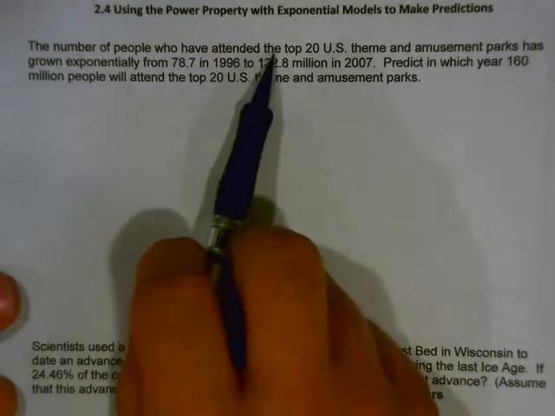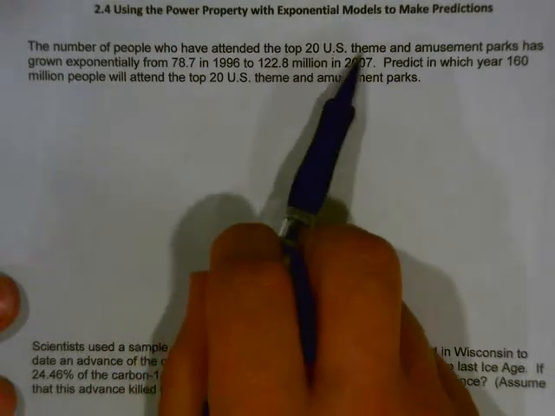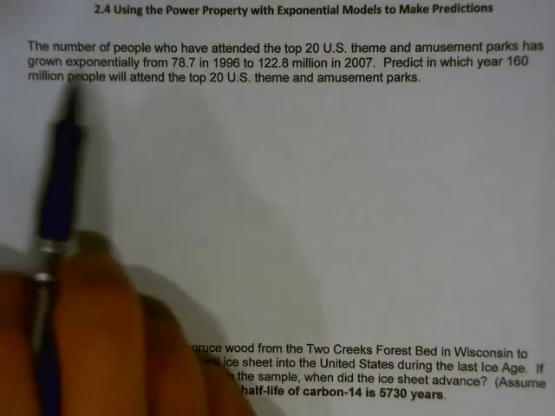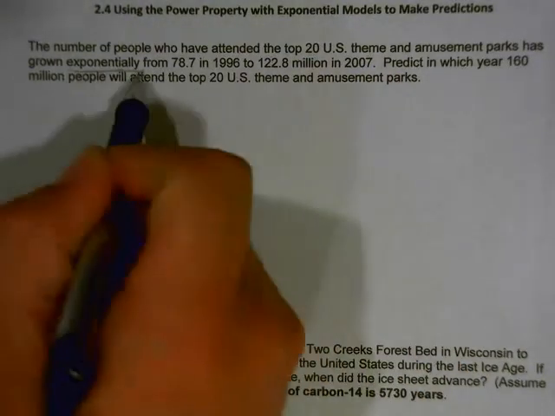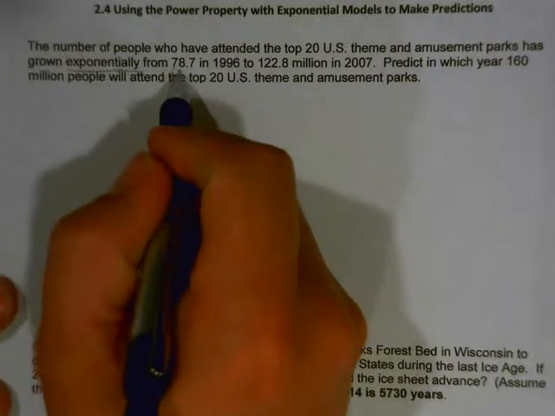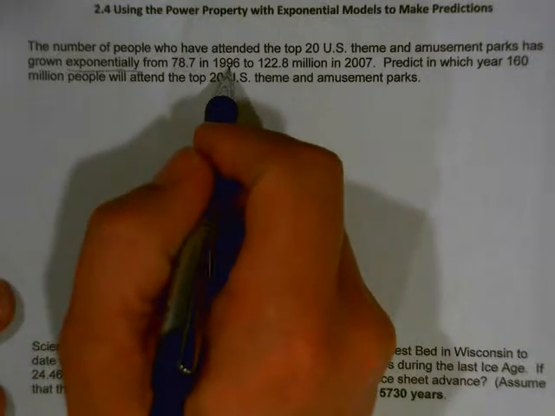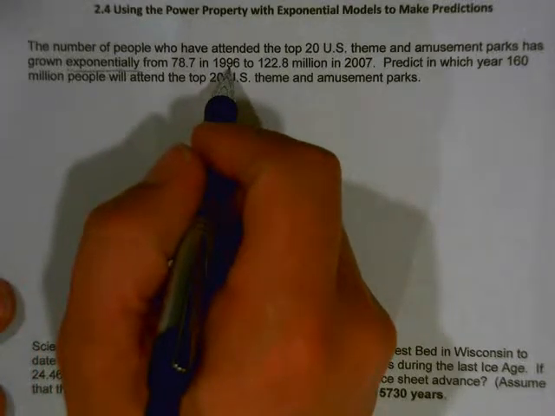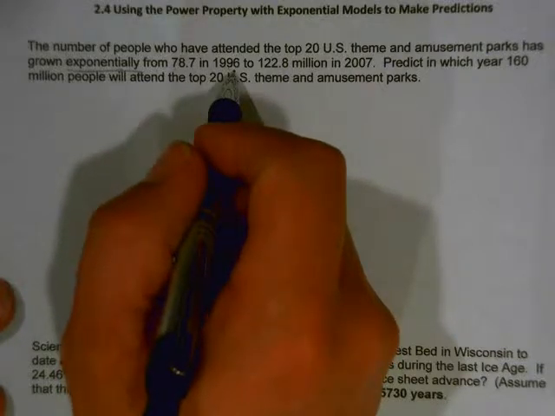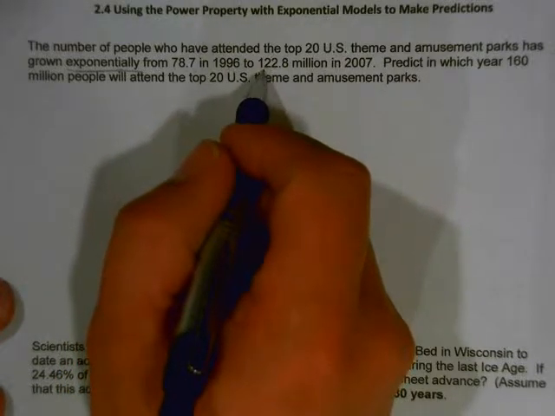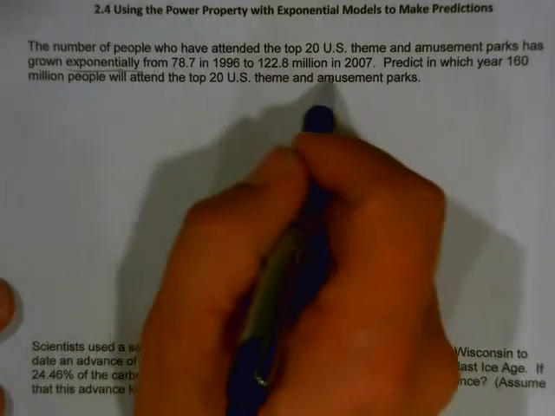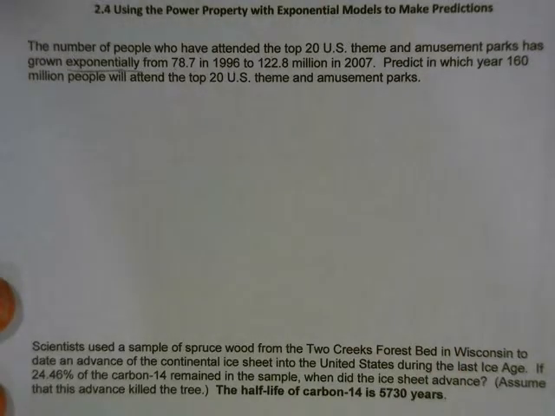So a few more examples. The number of people who have attended the top 20 U.S. theme and amusement parks has grown exponentially from 78.7 million in 1996 to 122.8 million in 2007.